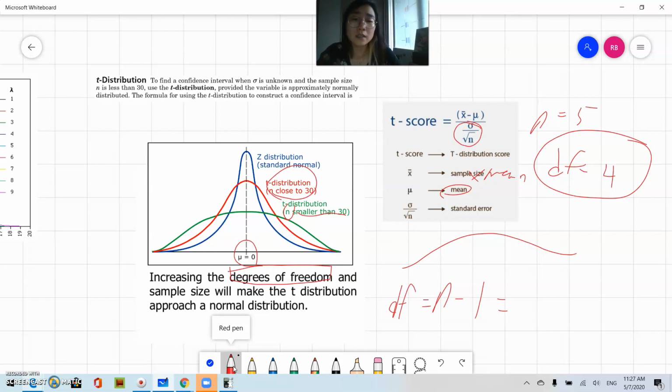So the z-score was found by sample mean minus population mean over standard deviation sigma, right? And for the t-score, you are going to always do standard deviation divided by square root of n.